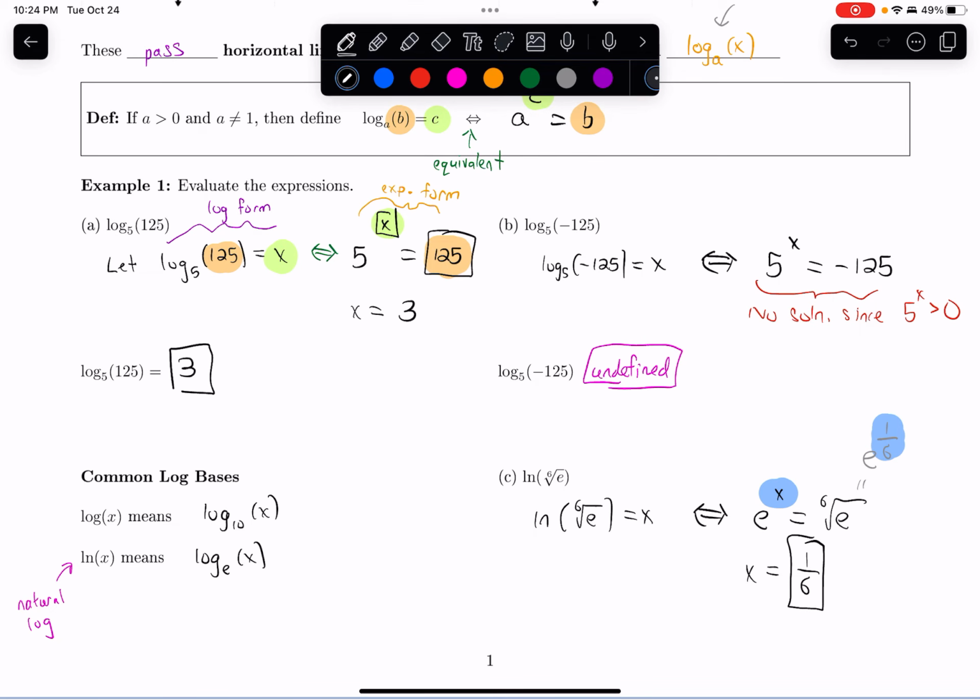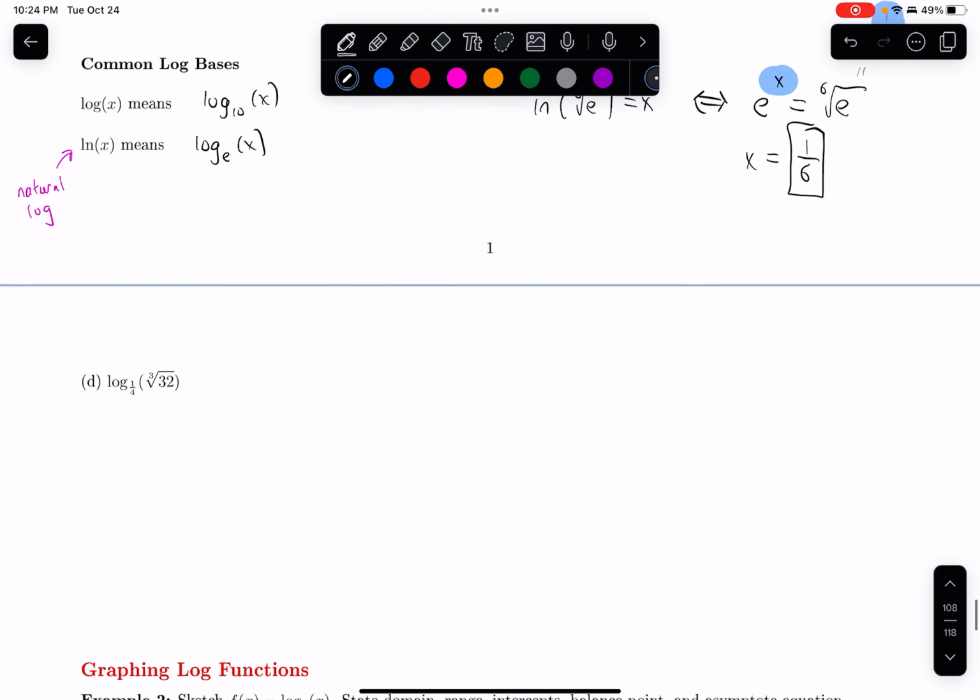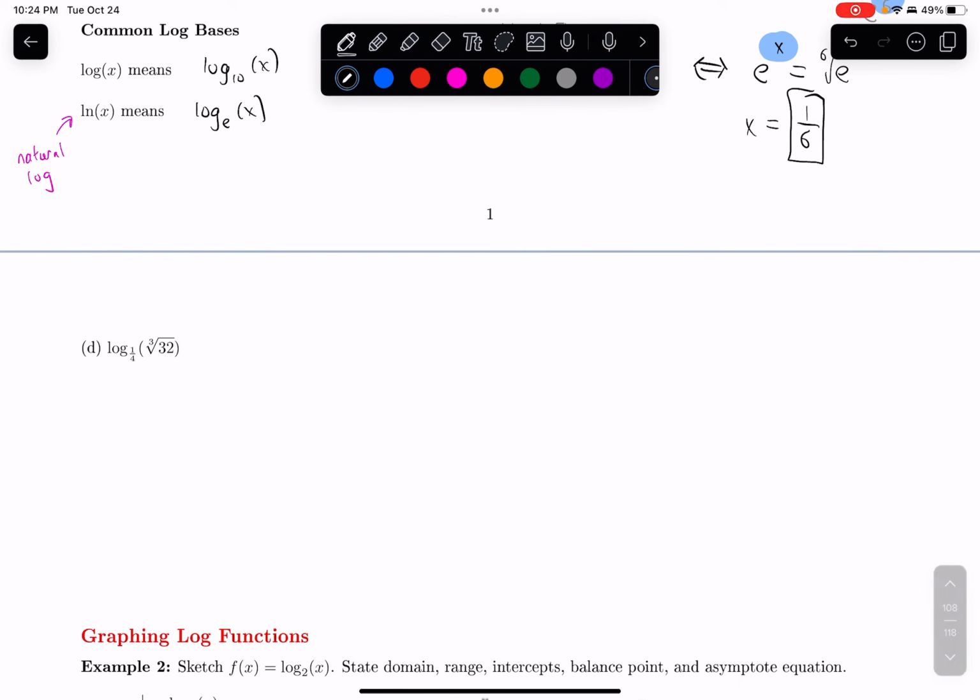Let's end this video by doing one more example, but this time let's up the difficulty a little bit. Part D, what if I have log base 1 over 4 of the cube root of 32? I'm going to start it off in the same way. Let log base 1 over 4 of the cube root of 32 be equal to x.